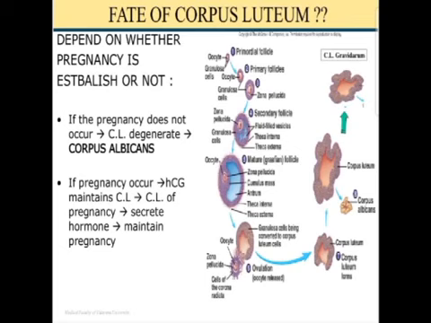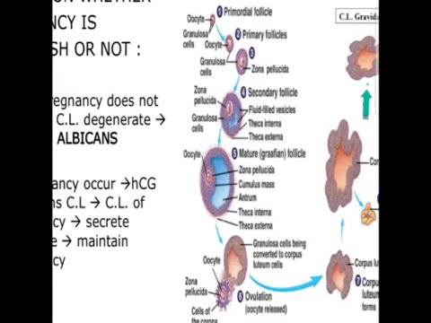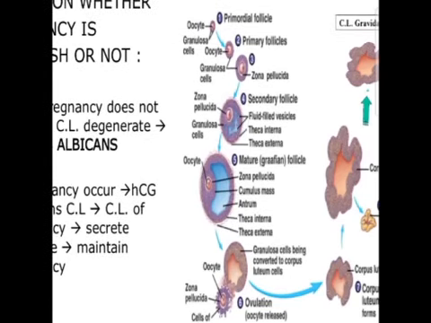So this is the whole cycle. You can see the primordial follicle is dividing and giving rise to the primary follicle. Primary follicles then give rise to the secondary follicles, which have got the fluid filled vesicles, and there is a theca interna and theca externa.